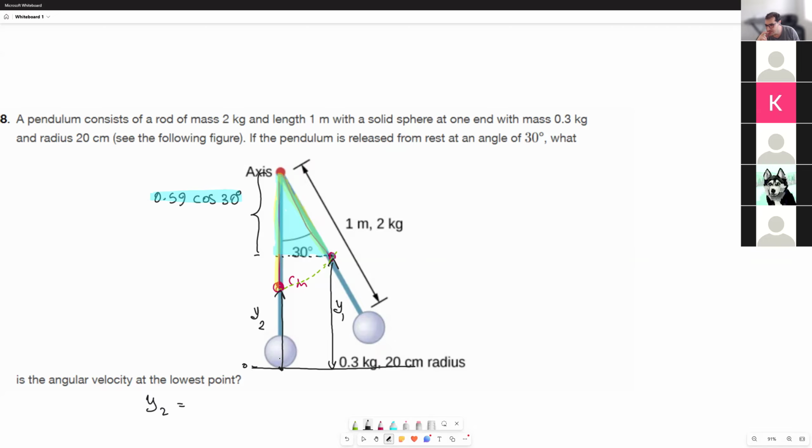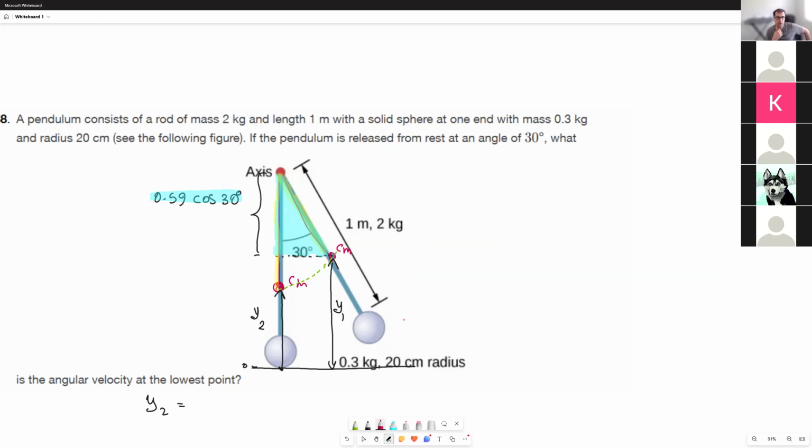I think you had the radius of the sphere plus the y2. No, y2 is from zero. It's from 0 to the position of the center of mass. Harsh, go ahead. Half of the length? It's on the same axis as the center. So it will be half of the length.